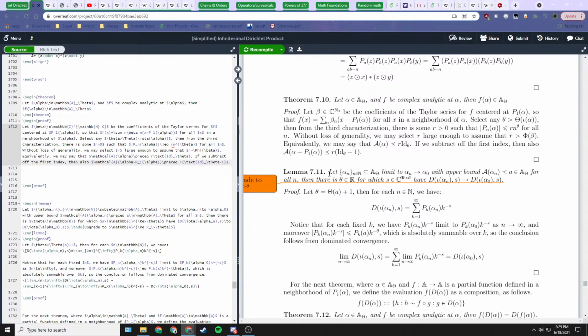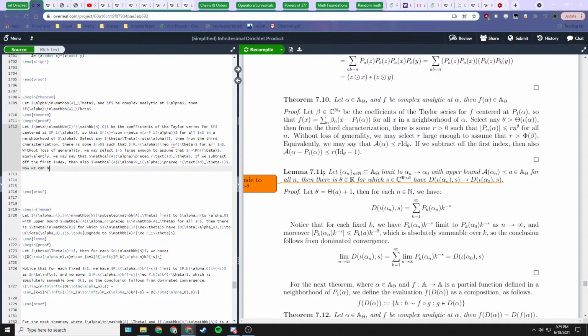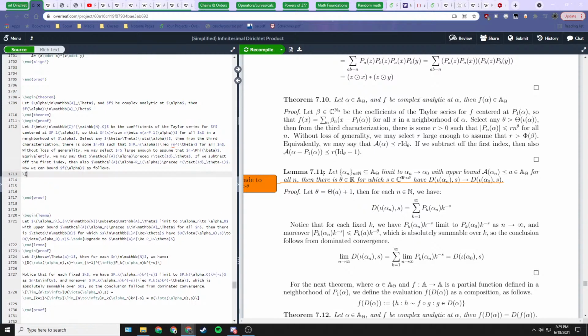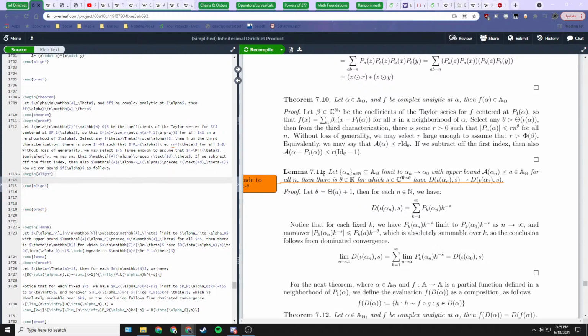So this is useful. This lets us bound f of alpha as follows. Let's put this in a line. So we have A of f of alpha is bounded by the summation n equals 0 to infinity.